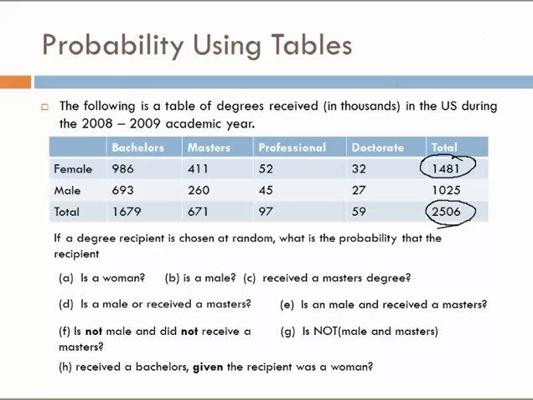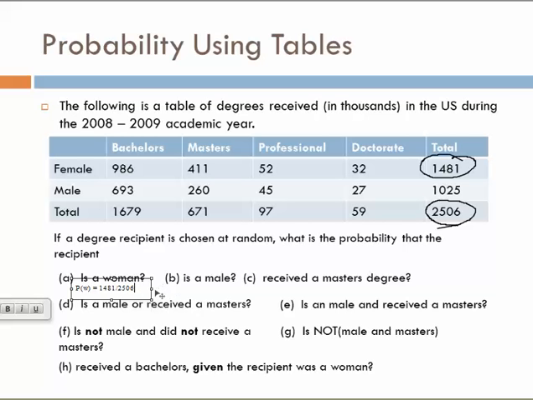So if we're looking at calculating the probability that a randomly selected person, and note that we are choosing just a single person in this particular problem, and it's actually true for all of them, we would say the probability that it was a woman is equal to 1481 out of 2506.